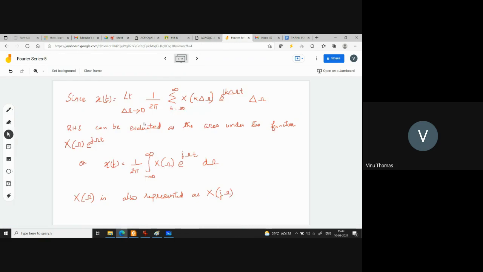So I can write this equation as x of t is equal to 1 by 2 pi integral from minus infinity to plus infinity, where the summation becomes an integral, X of omega into e raised to j omega t into d omega.